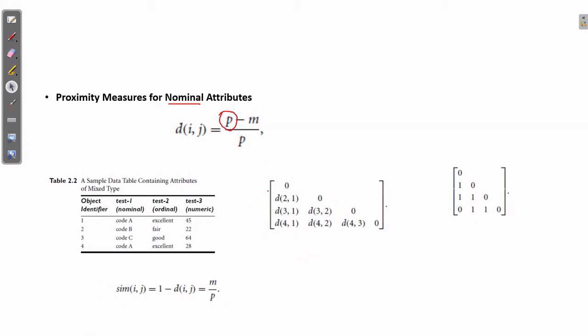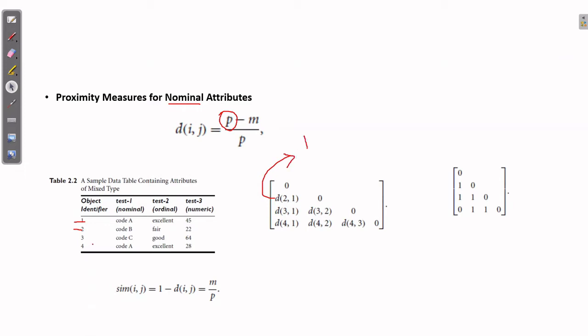Say d21. d21 means the distance between objects 2 and 1. As a distance, what is it? According to the formula, we have to calculate (p minus m) by p. To calculate this value, p is the number of attributes present.